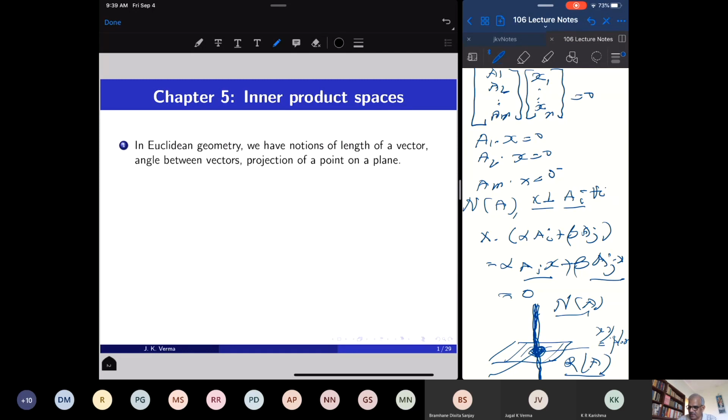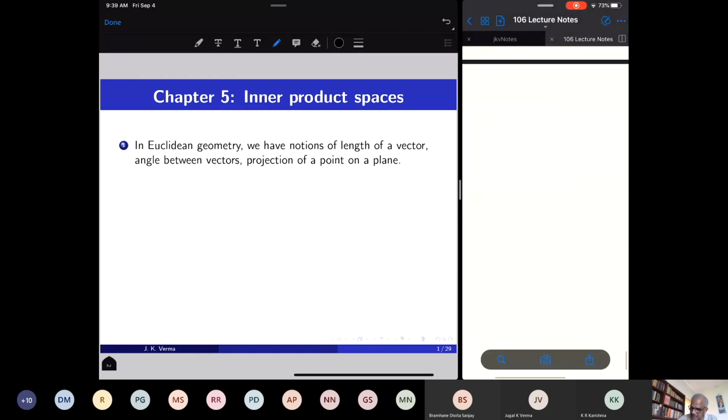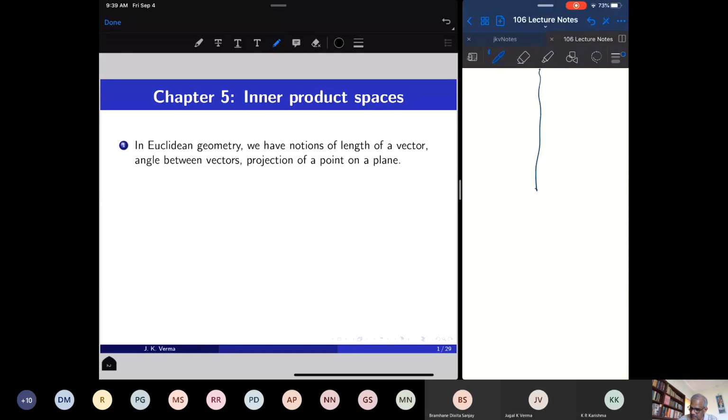So the same argument says that the other two subspaces, namely the column space of A and the null space of A transpose, also intersect only in the zero vector, and every vector in the null space is perpendicular to every vector in the column space.